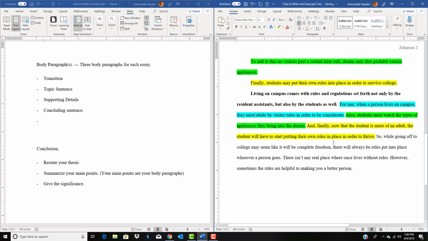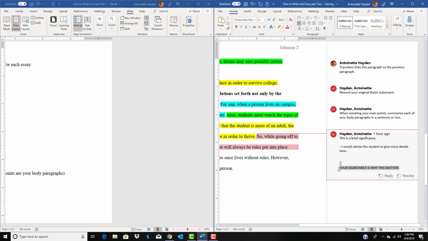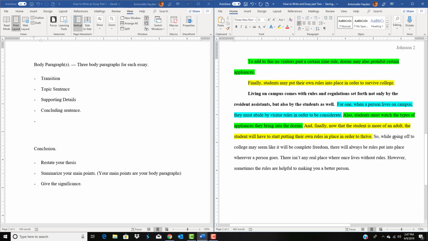So once you've restated or summarized your main points, that's when you go into giving your significance. So the significance is why this matters. All right, so you don't want to stop at just one sentence. So initially, the student stopped here at this first sentence, and I asked them to go on. So while going off to college may seem like it will be complete freedom, there will always be rules put into place wherever a person goes.